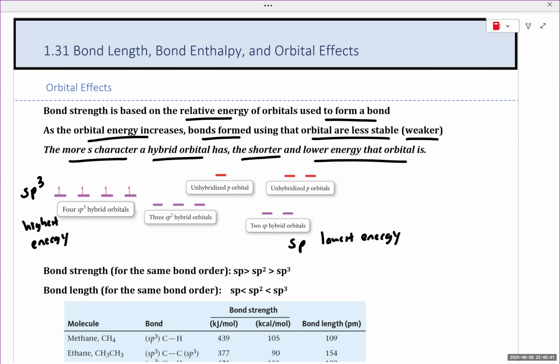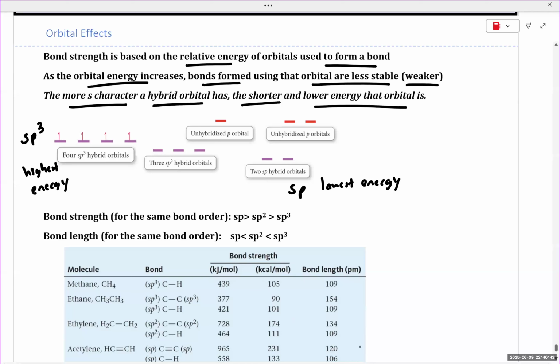In terms of bond strength, bonds made with an sp hybrid orbital are going to be shorter and stronger than bonds made with an sp3 hybrid orbital.